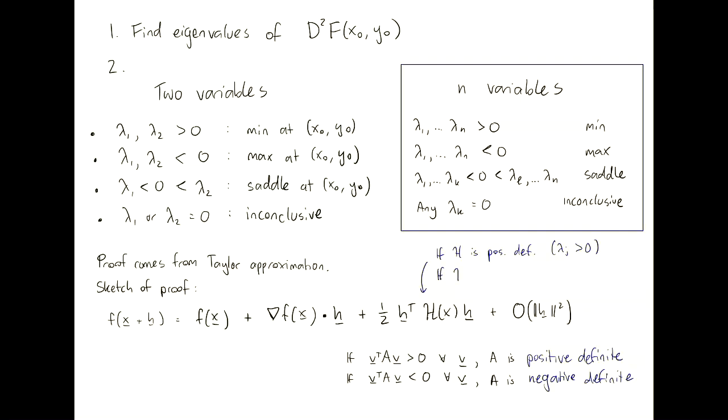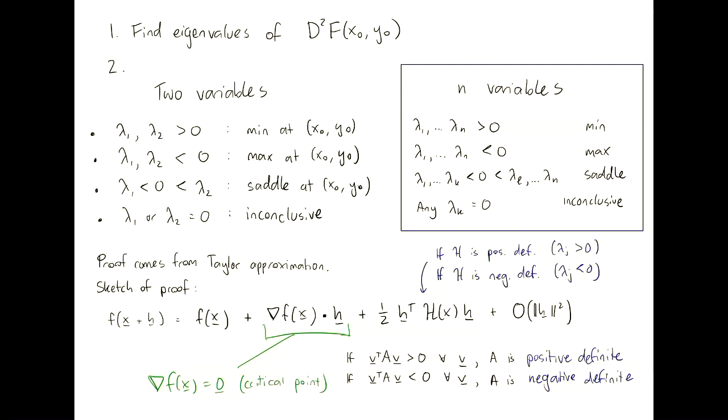If H is negative definite, then lambda j is less than 0. Okay, so this is nice. It's not the whole proof yet. Obviously, this is a proof sketch, but we will do this properly. We're at a critical point, which means grad of f of x is equal to 0.